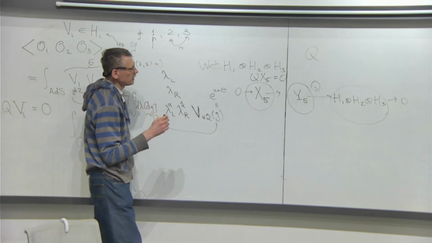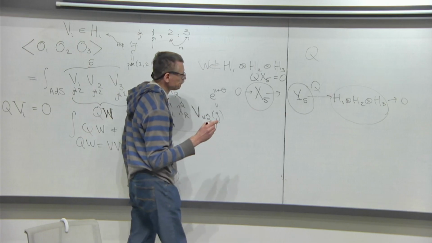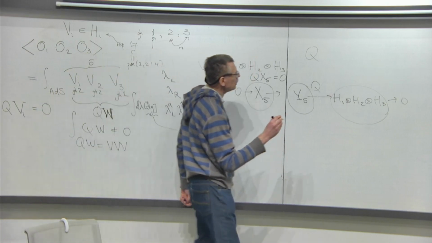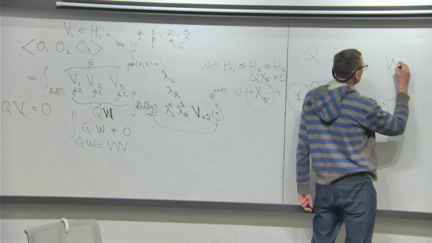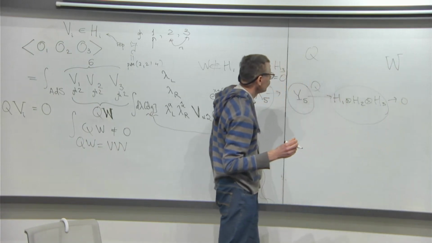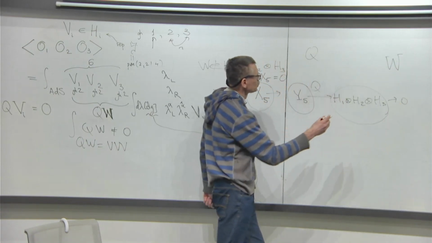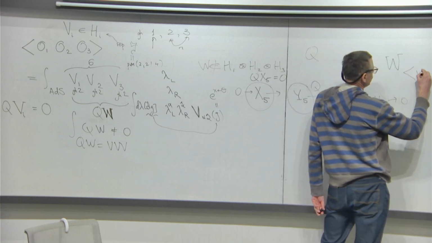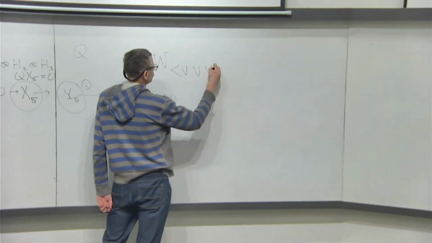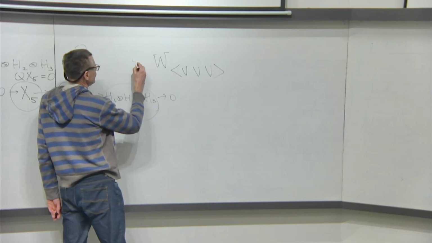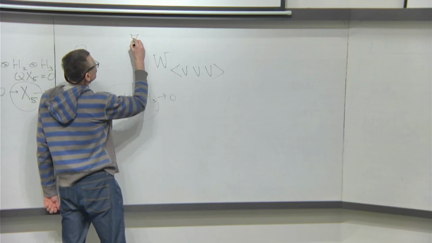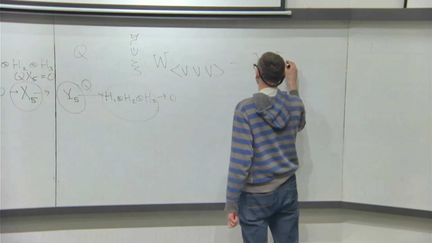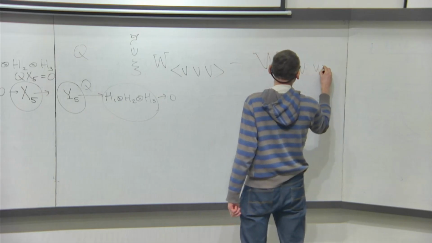So technically you can say that you just solve for W somehow, as a function of the product of VVV, and then you act on the solution by an element of the conformal algebra and see what is the difference if you act on these V's.